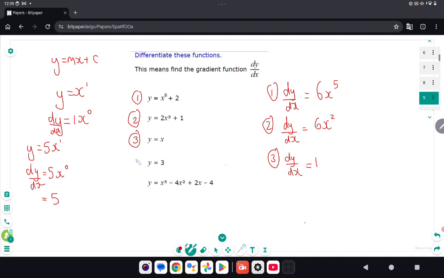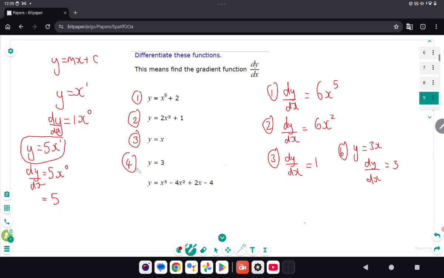Again, we know for that linear graph the gradient's 5. So when you have a linear function, or an x to the power 1 term, the x just disappears. Let's do another example over here, part B. If y was equal to 3x, dy by dx would equal 3.